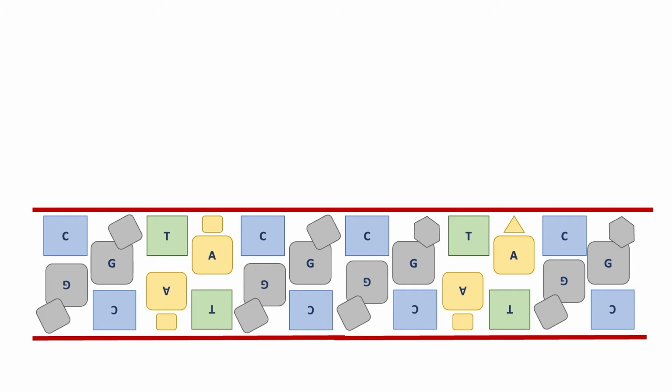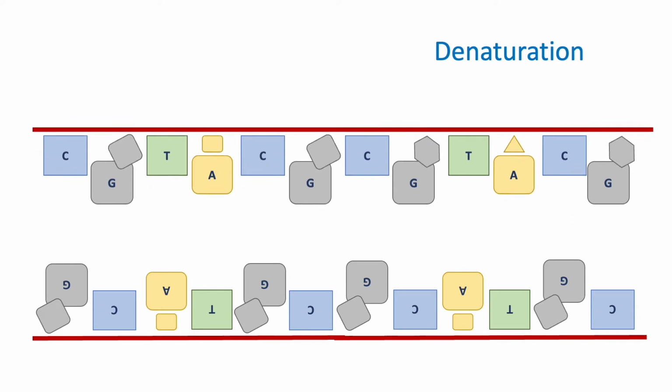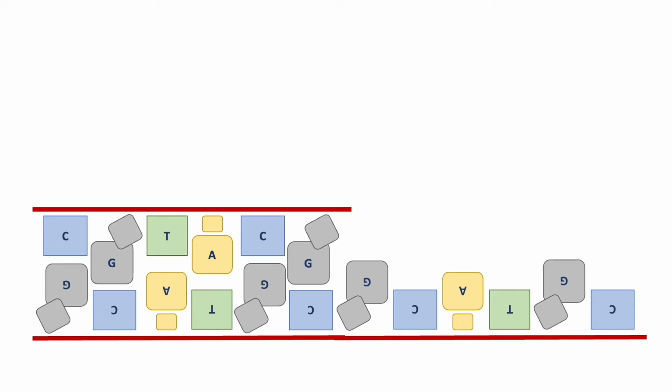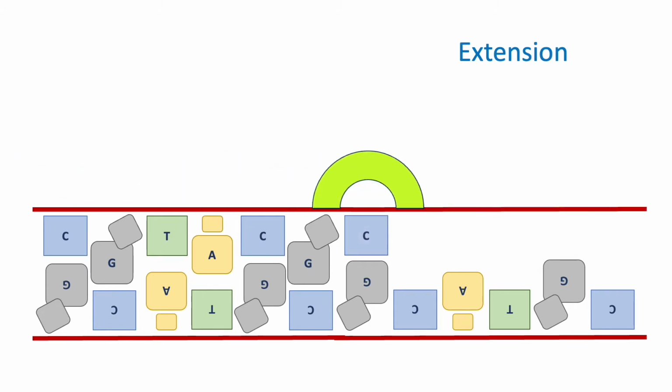Okay? So that double-stranded DNA, ladies and gentlemen, will serve as a template again. Okay? To facilitate the multiplication, so that we can make millions of copies of this DNA region. So, it will undergo again denaturation, annealing, and extension.